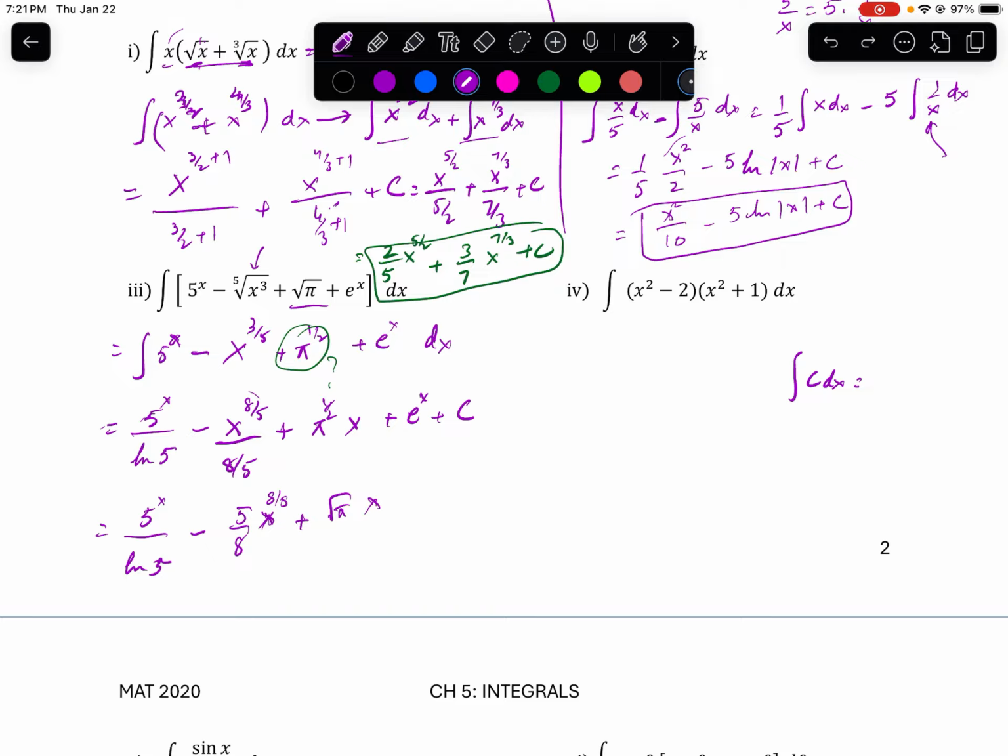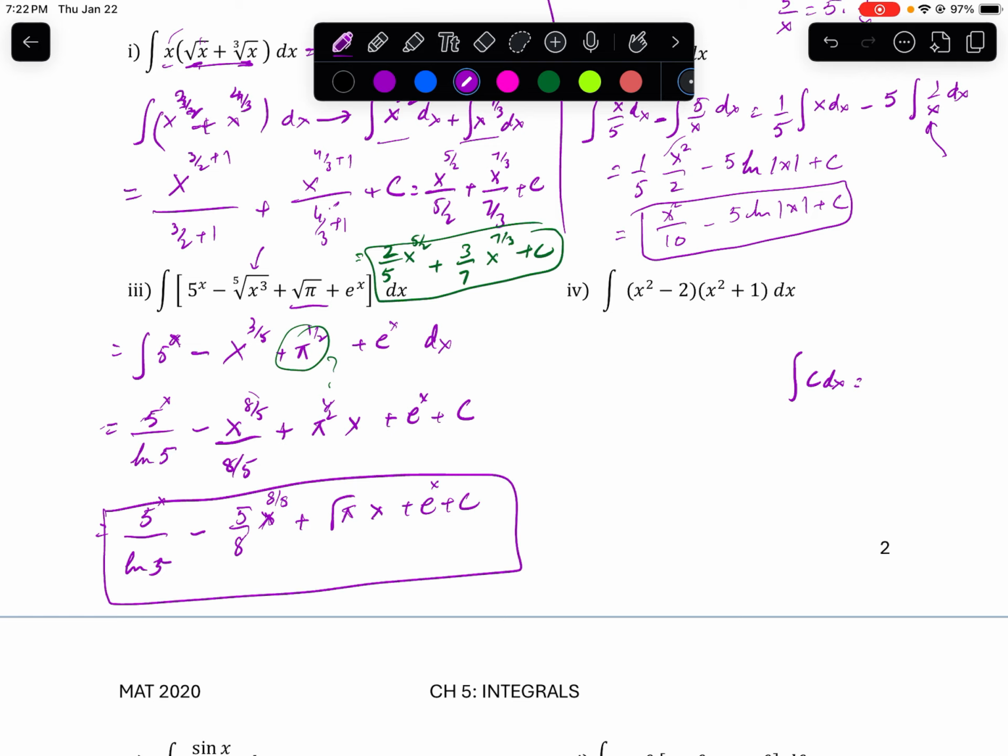Because often students are in a hurry, this is what they do. Pi x. So this will be wrong, because this means x is also under the square root, which is not correct. So square root of pi, x plus e to the x plus c. That will be the answer.